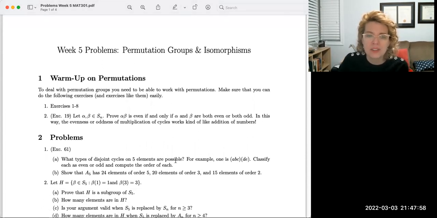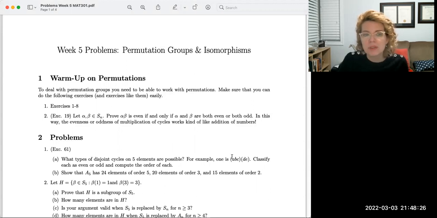So you're asked to write down types of disjoint cycles that are possible in 5 elements, and then to classify them as even or odd and compute orders. So to classify them as even or odd, you'll want to keep them in disjoint cycle form, because in a disjoint cycle form, you can see the order by taking the least common multiple of the lengths of the disjoint cycles.